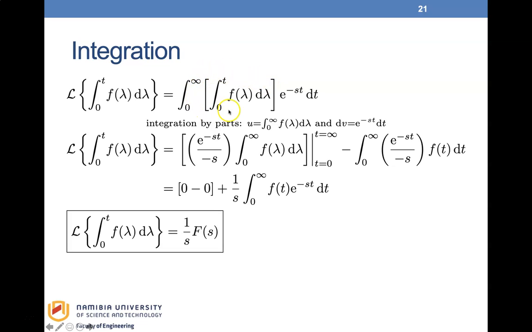Again, you apply this derivative or integral with your Laplace transform equation. You integrate by parts, and you will arrive at the Laplace transform of an integral being 1 over s F of s. Remember, the Laplace transform of a derivative is s F of s. So since integral is the inverse of differentiation, if you take the Laplace transform of an integral, it will be 1 over s.